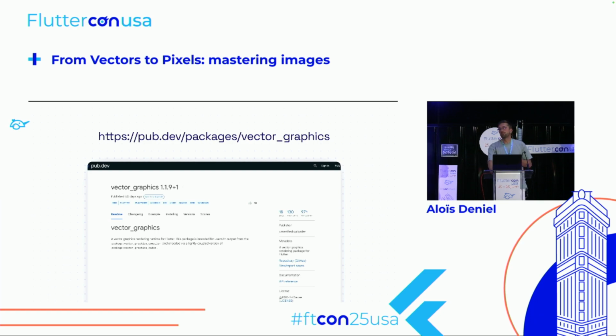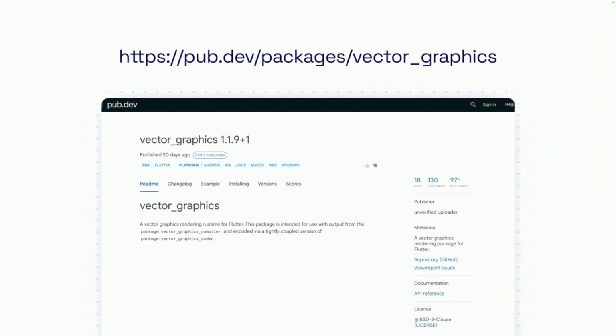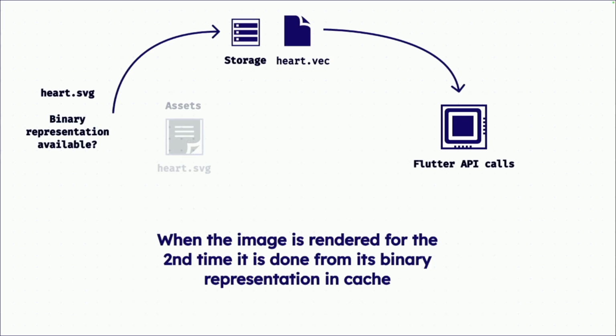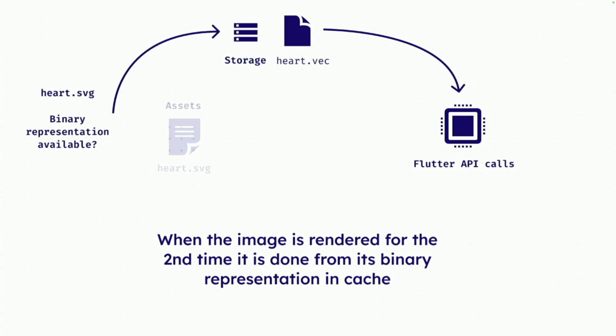But you could use vector graphics directly by yourself if you want to use pre-baked assets that are really efficient. You would skip the step of the XML parsing, and you would directly load your binary assets from it, instead of the cache like the SVG package.